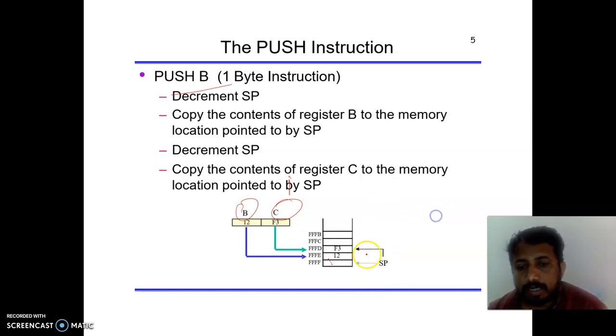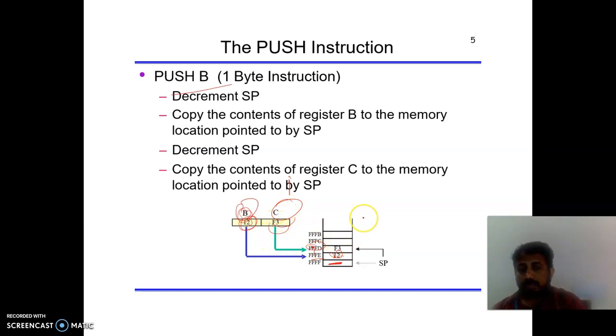The stack pointer was at FFF, it decrements to FFE, and it loads the B register value, 12, over here. Then again it decrements the stack pointer by 1, and it loads the second byte, which is F3. This is the example.